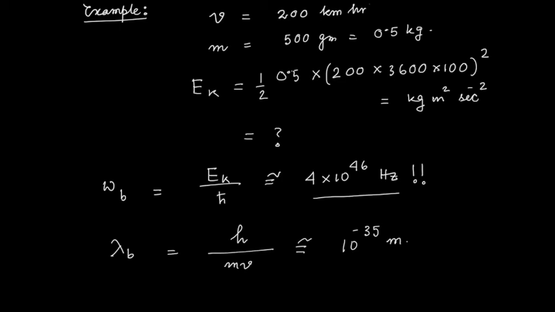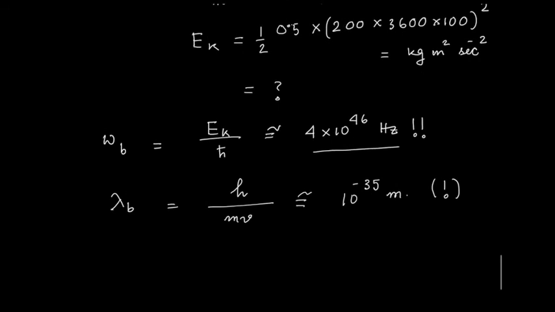Please check if the de Broglie wavelength is of this order. I can be wrong here, so let me put exclamatory marks. But please check by yourself. This is a simple calculation. You can put in the numbers in your calculator and check.